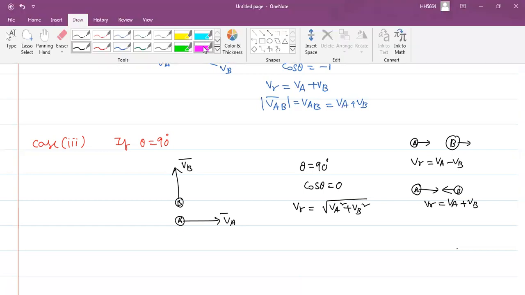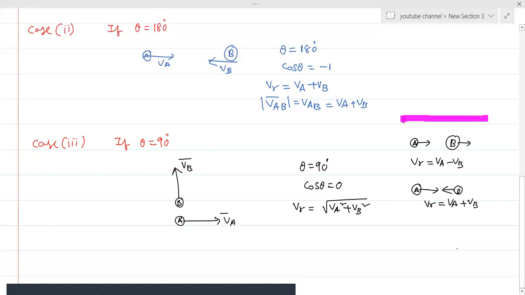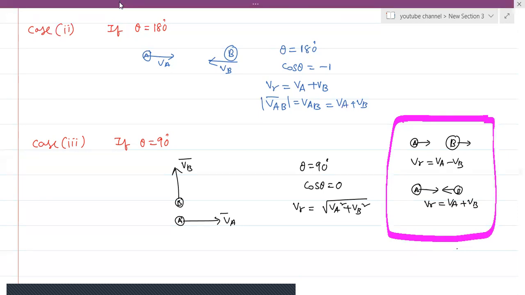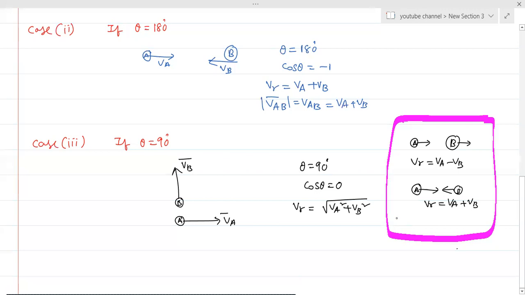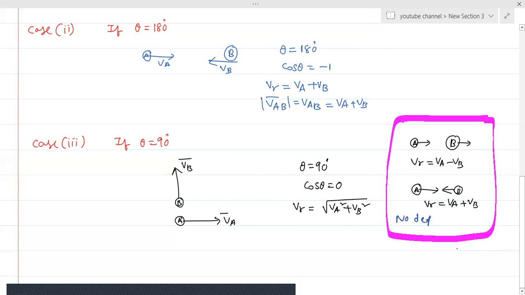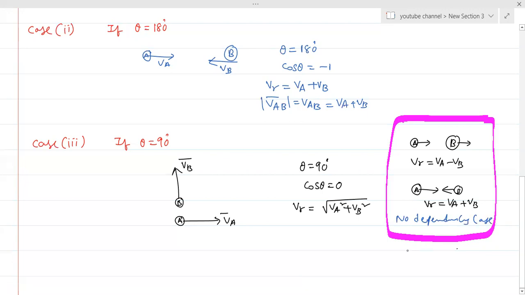So simply I will take this approach as the no dependency case. Without considering the vectors directly we can understand. In the general case, that is the no dependency case, in the same direction, if the two bodies are moving, it means VA minus VB. In the opposite direction, they are moving means VA plus VB we will take.